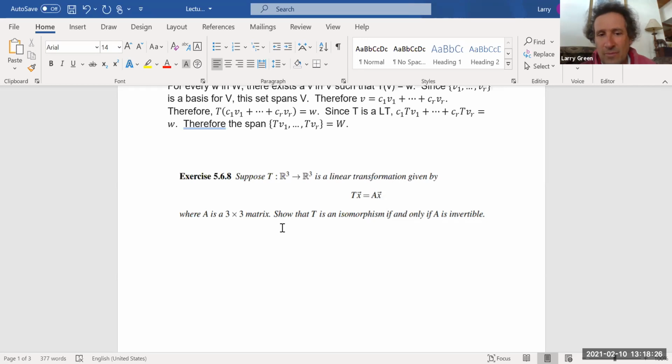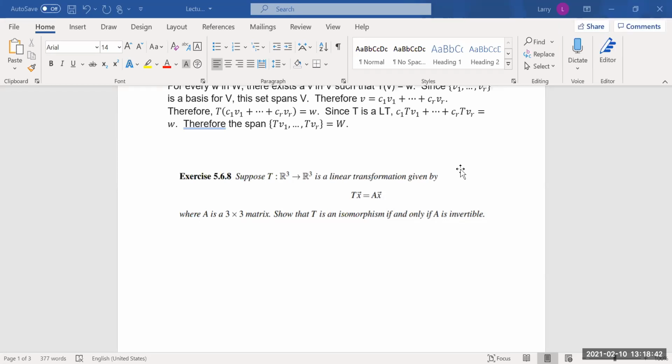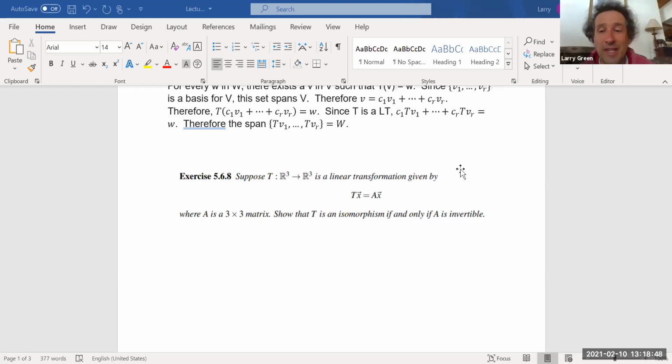Do you realize that if and only if means we have twice as much work to do? Do you know why? Because we have to prove that there's no other way to do it. That's an if and only if. That's a hint.